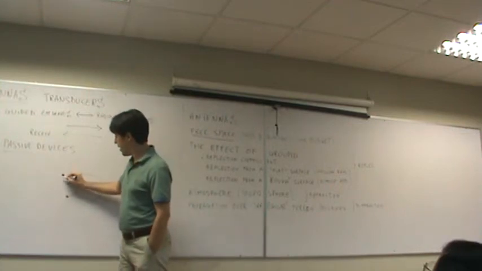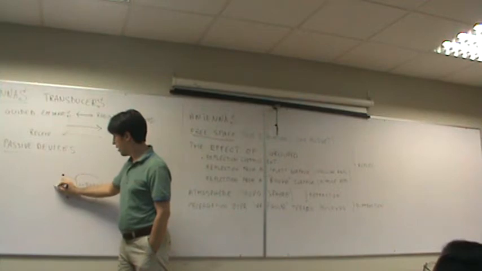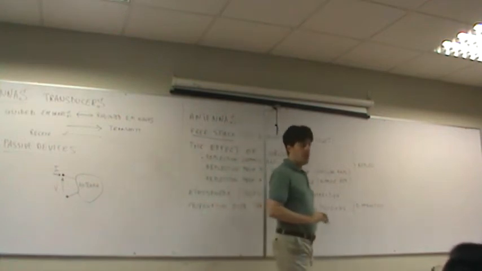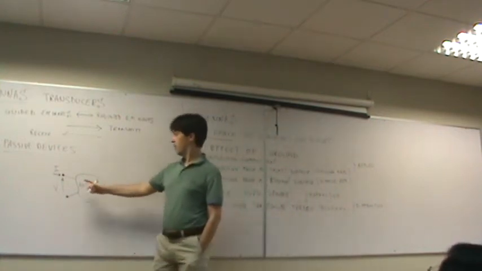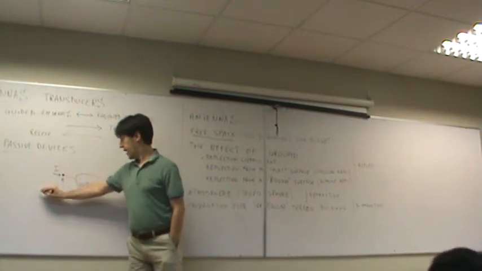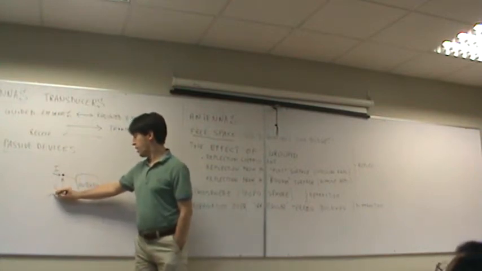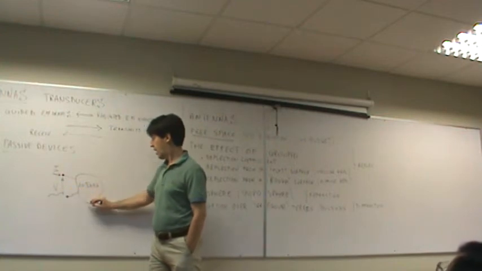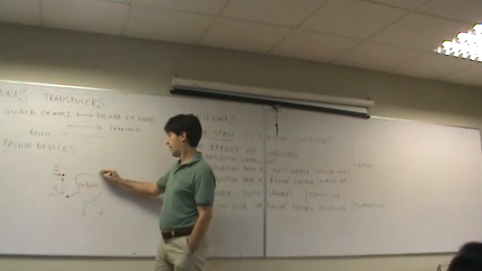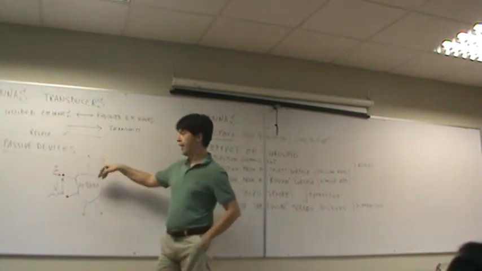So you can define here the voltage and the current entering the antenna. This is the port of the antenna. The guided electromagnetic energy enters here, and then it is radiated from the antenna, or the other way around.